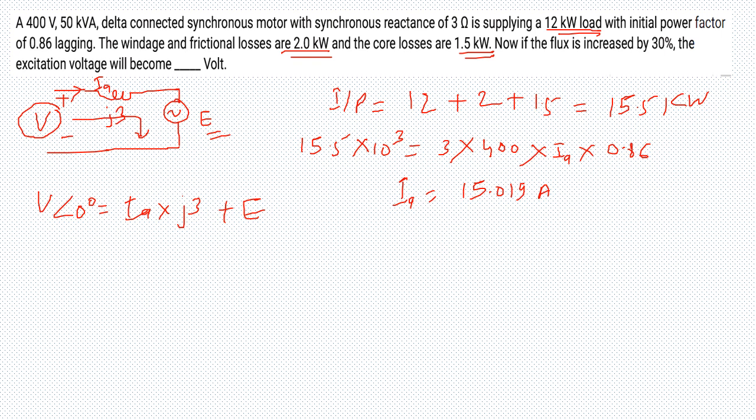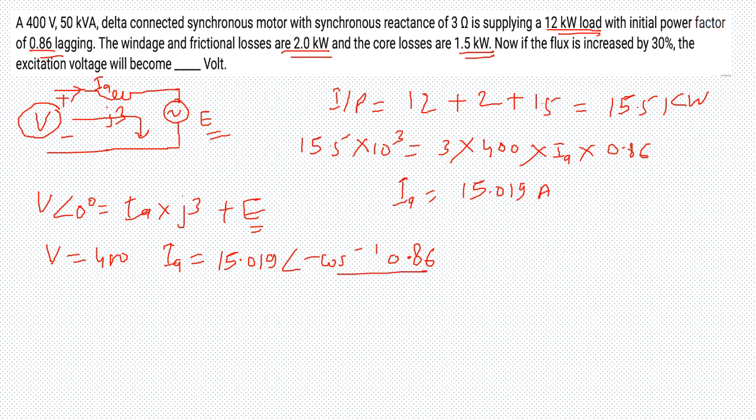Here the only unknown is E. V is 400 at angle 0 degrees, and IA, because it is 0.86 lag, is 15.019 at angle minus cos inverse 0.86.